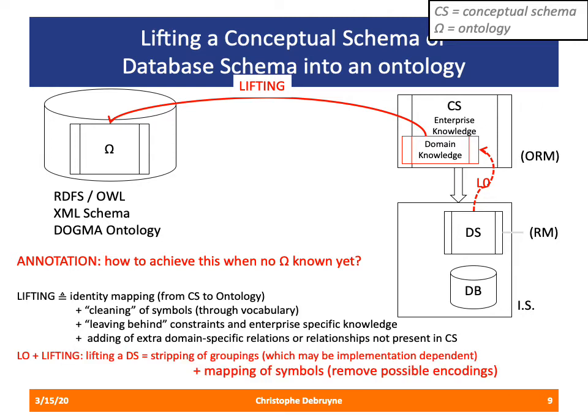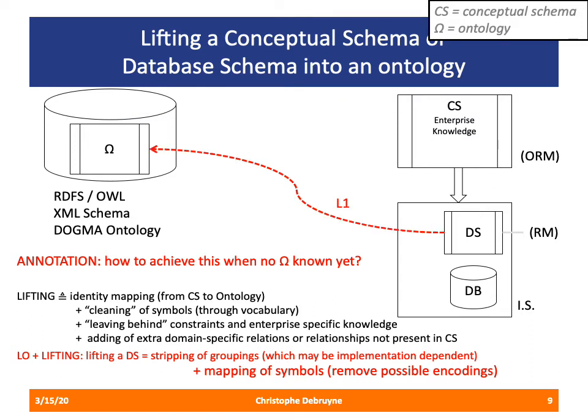So when we lift a database schema, rather than going directly from the database schema to the ontology, we will think about the concepts and relationships in our database schema and add on to that what has been possibly lost. And that would then constitute the lifting of our database schema.